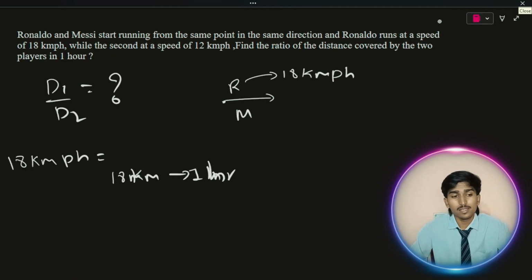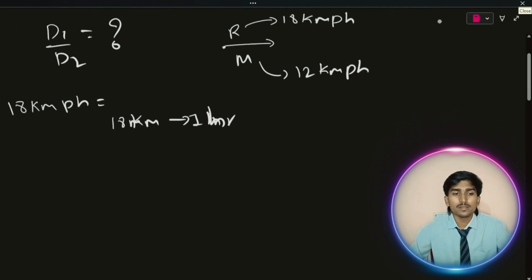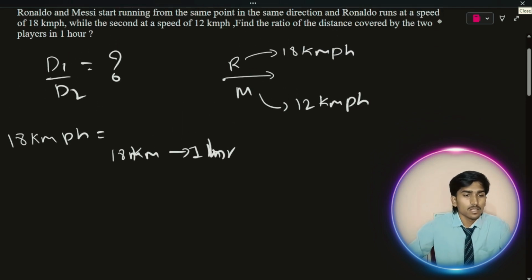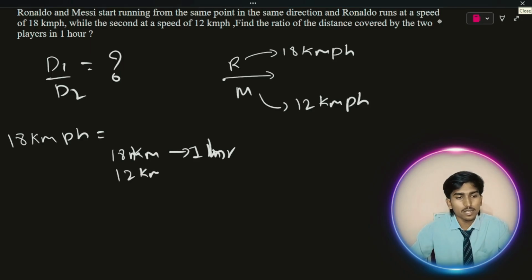Per hour, Ronaldo is running 18 kilometers, while the second, that means Messi, is running at a speed of 12 kilometers per hour. That means what? Messi is running 12 kilometers in 1 hour. Just explaining everything, okay?